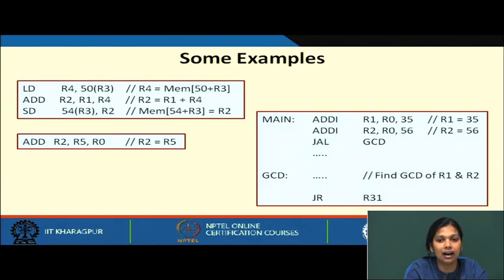It can be stored in R31, and then we move to GCD and execute it. At the end of GCD, you must have an instruction JR, jump to return address, where you go to R31, get the value, load it in PC, and then from this point the execution will start after returning back here.